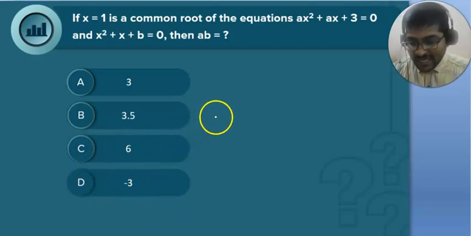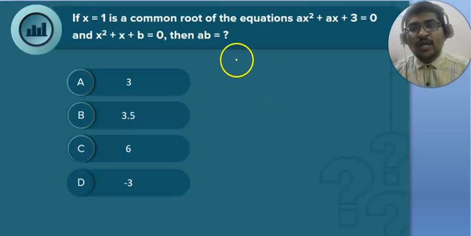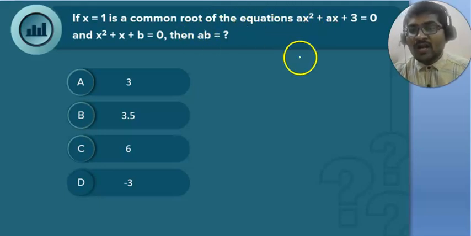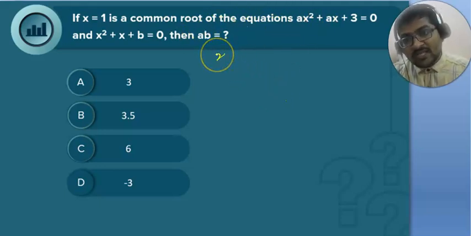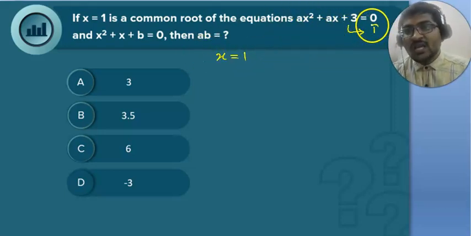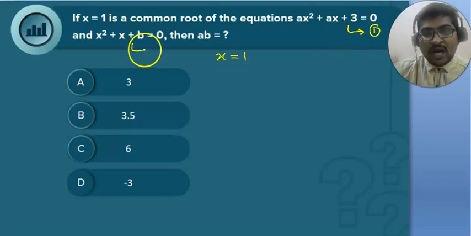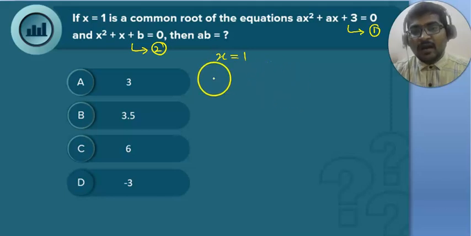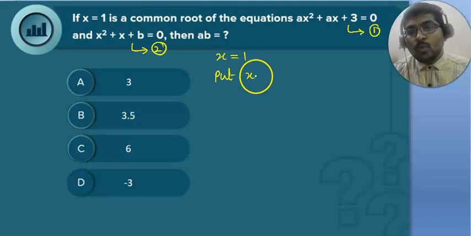So in this numerical question, one common root is given for these two quadratic equations. So x is equal to 1 is a common root of these quadratic equations. This is equation 1, students, and this is equation 2. So put x is equal to 1 in equation 1.